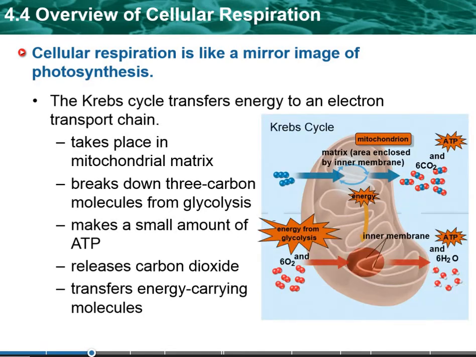So that's what you see over here to the right. The pyruvic acid is coming in there on the left. It's going to do a cycle, and release carbon dioxide and energy. Then the energy that's created from there is going to go down, and it's going to need the oxygen that we breathe in.